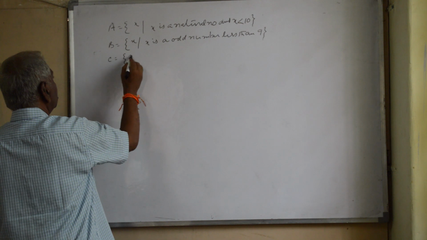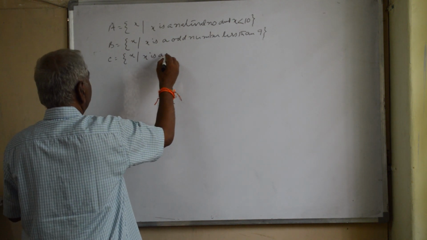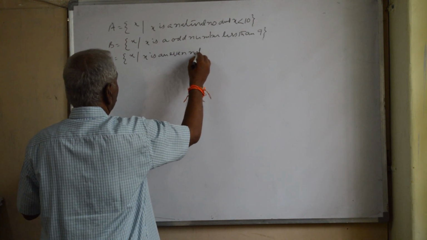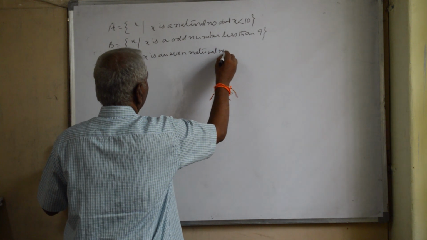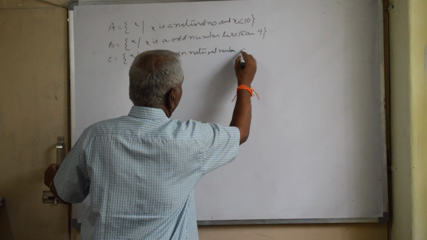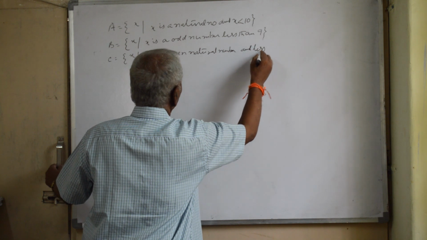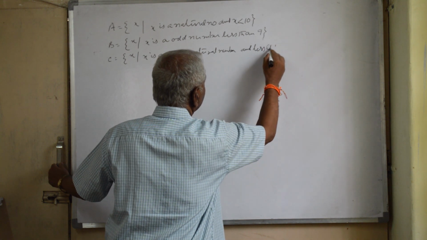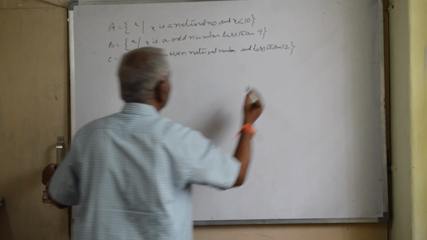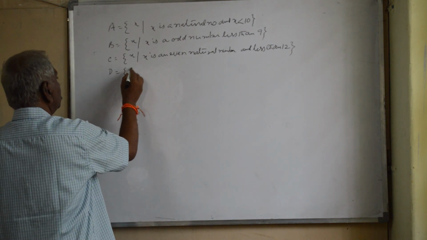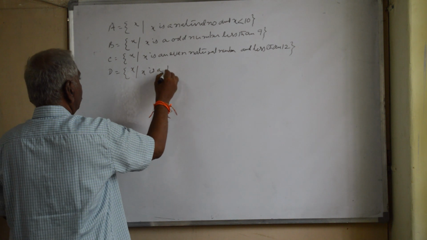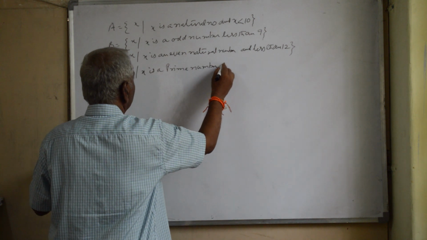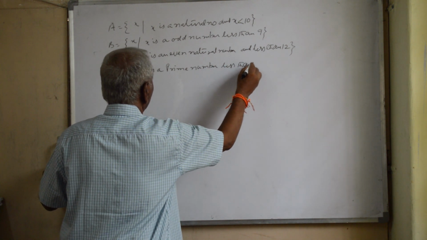C is the set of x such that x is an even natural number less than 12. D is the set of x such that x is a prime number less than 20.